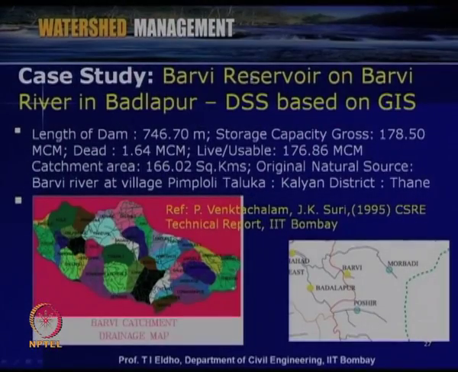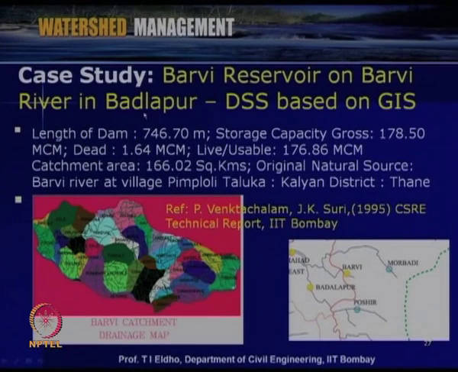This case study is Barvi Reservoir on Barvi River in Badlapur in Maharashtra. This is the Barvi River, and this is the reservoir area. These details are taken from a paper and a report by Professor Venkatachalam and J.K. Suri in 1995. This is the Barvi catchment drainage map.